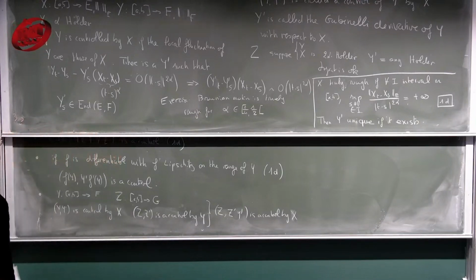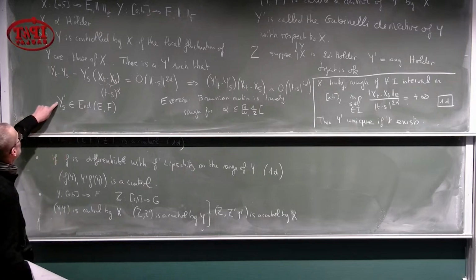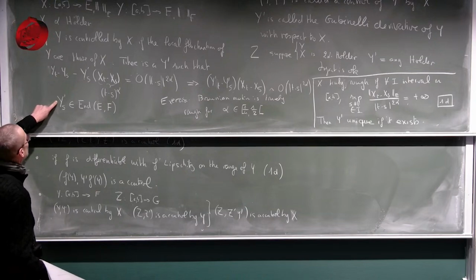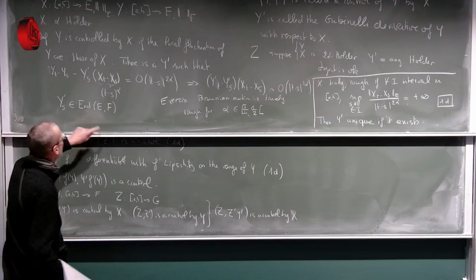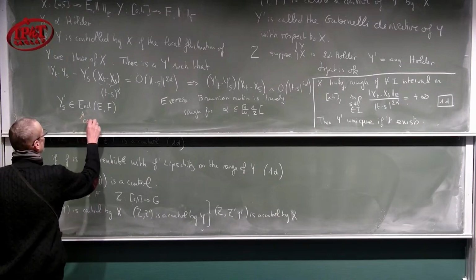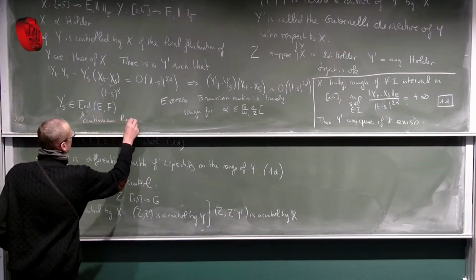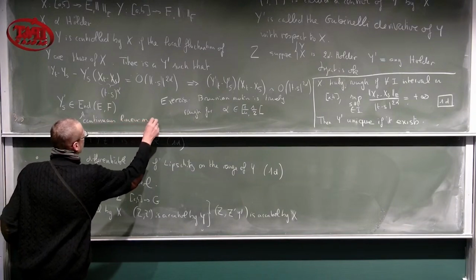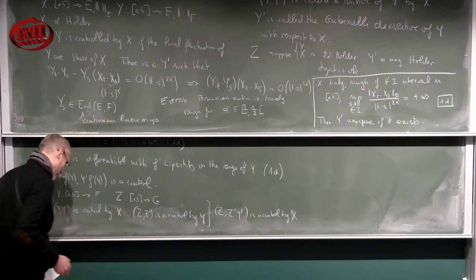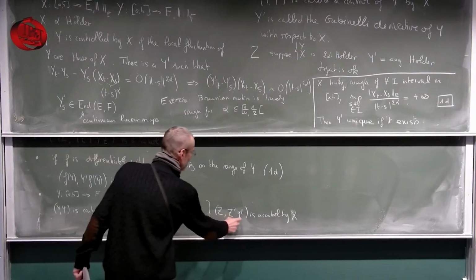So just to be sure, in the case of infinite dimensional spaces, I would also insist that each of these be a continuous linear map. And then this is just the composition.